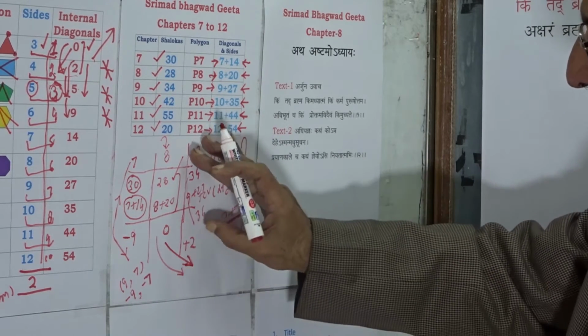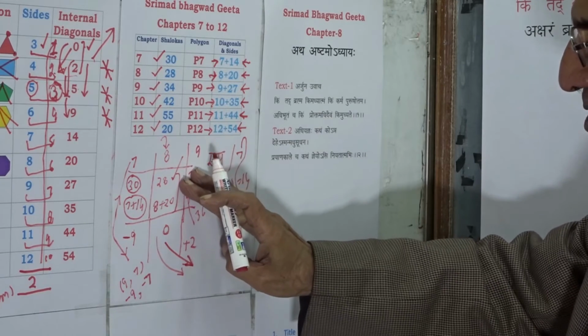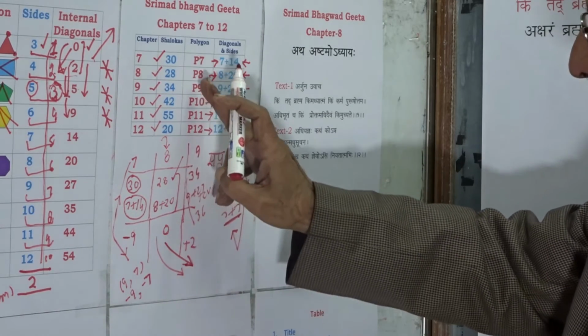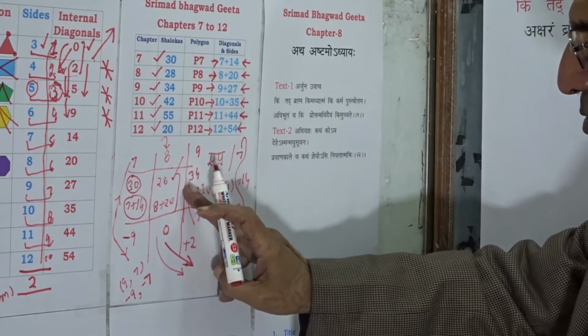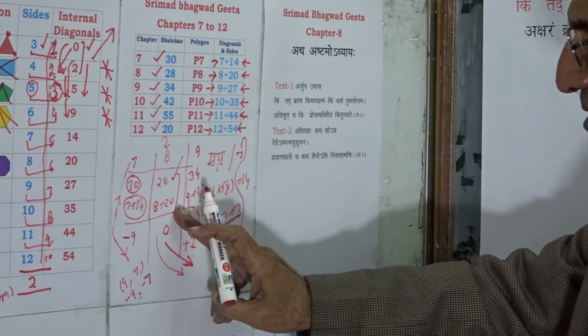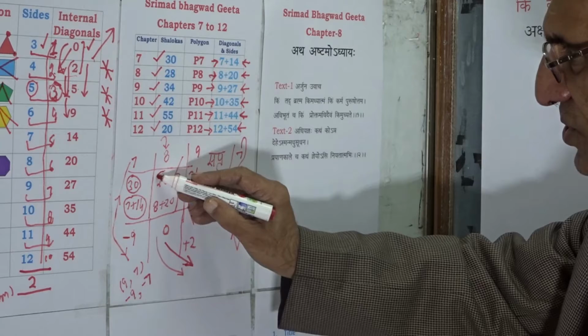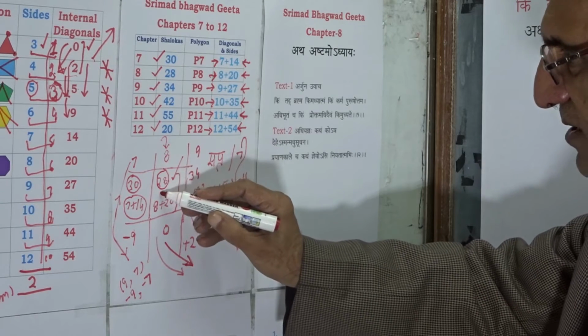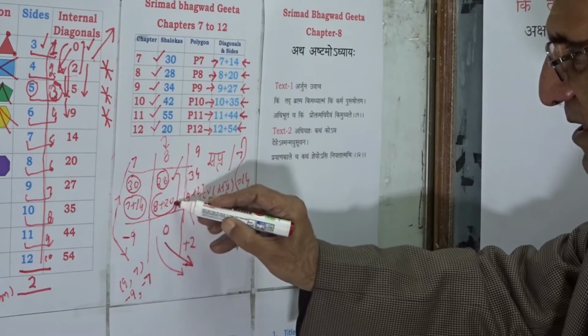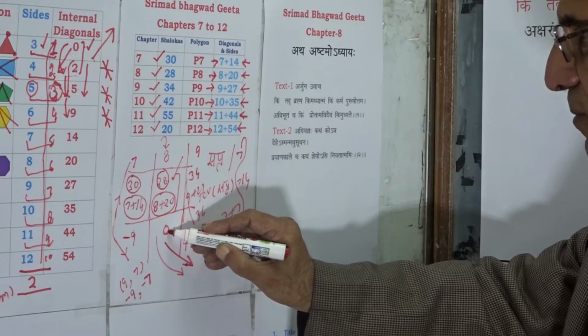See, chapter 8 has a range of 28 shlokas, and P8 leads to the number of sides and internal diagonals equal to 28. The difference value between the shlokas range and the number of sides and internal diagonals of P8 is 0.